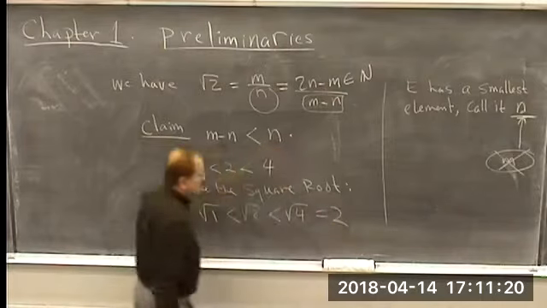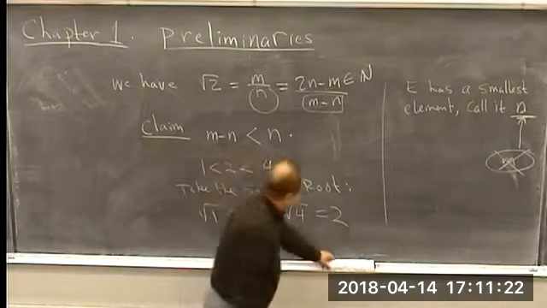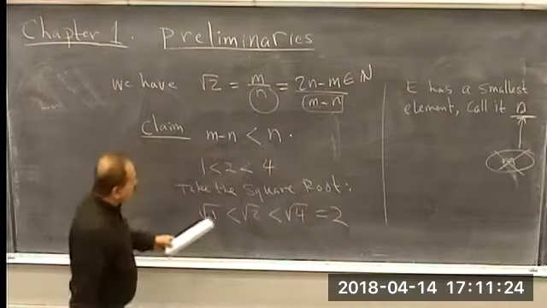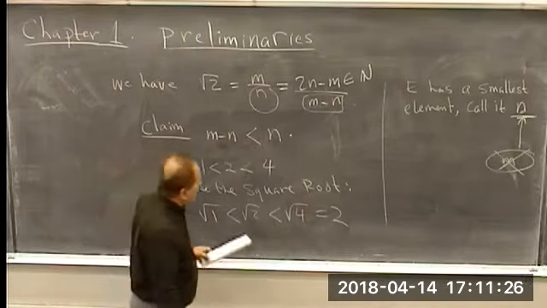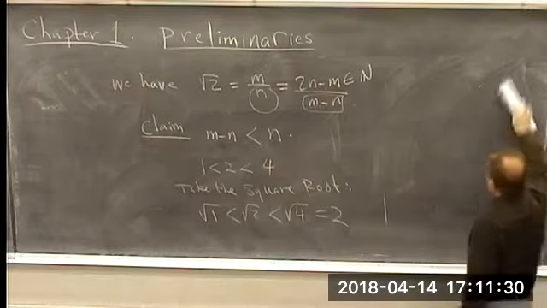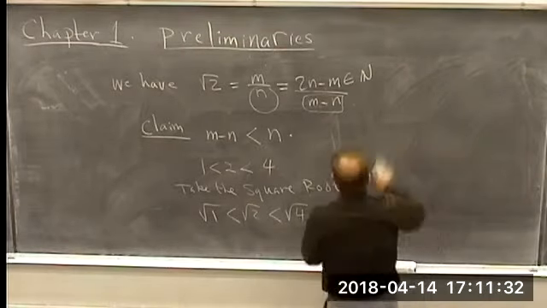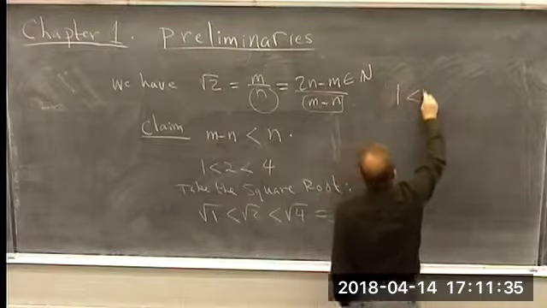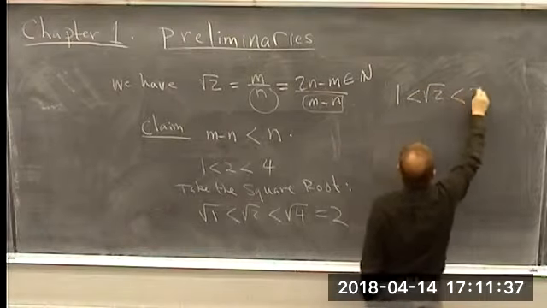And this is equal to 2. So this means that the square root of 2 is between 1 and 2, okay? So we have 1 less than the square root of 2 less than 2.